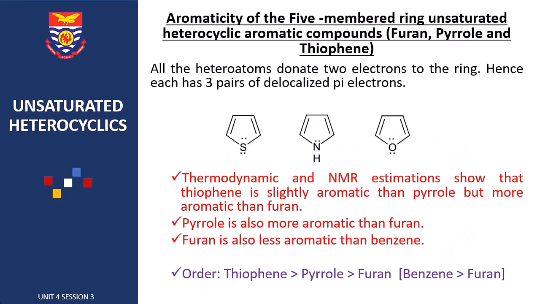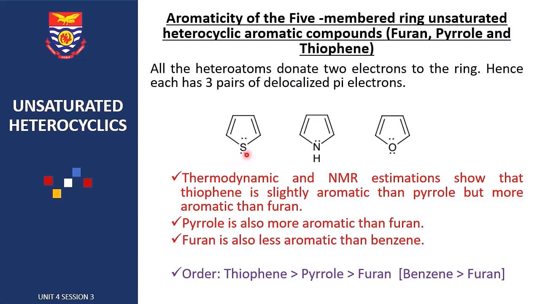Now, if you want to look at the aromaticity of these five-membered ring unsaturated heterocyclic compounds, all the heteroatoms donate 2 electrons to the ring, right? And hence each has 3 pairs of delocalized pi electrons. So please let's take note. I think we explained some of these things in the other units.